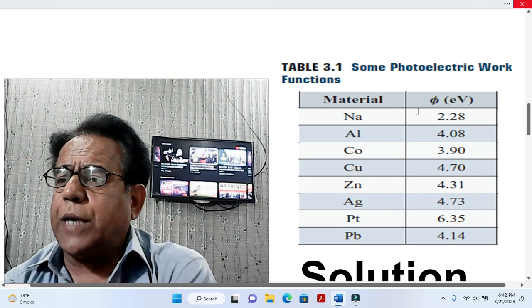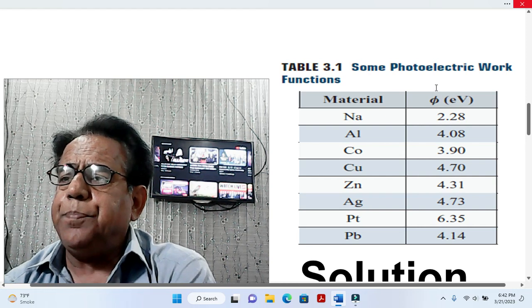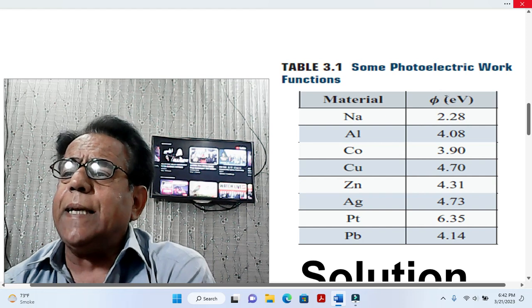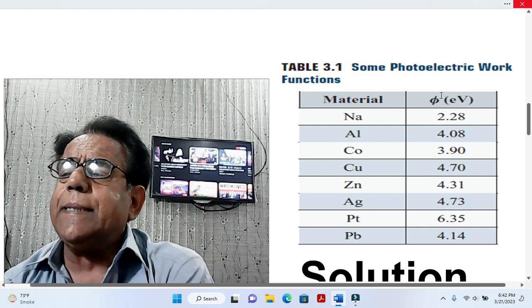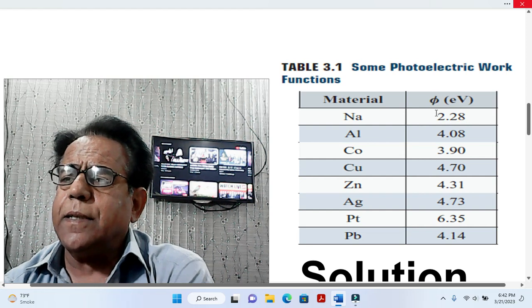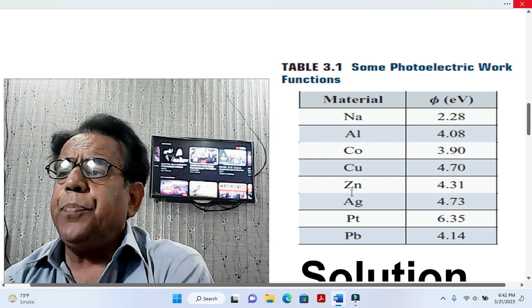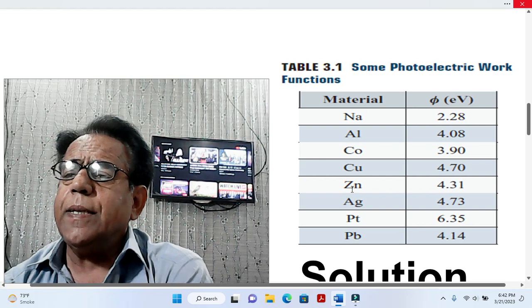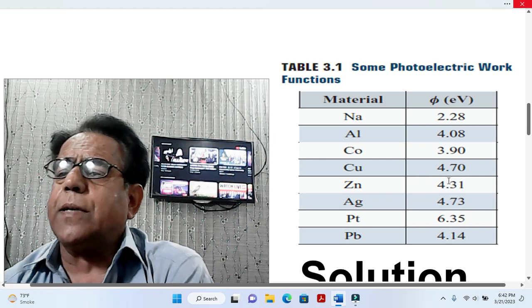This constant is phi, and another similar constant was psi, which is quite different from this symbol. So the work function phi of zinc is 4.31 electron volt.